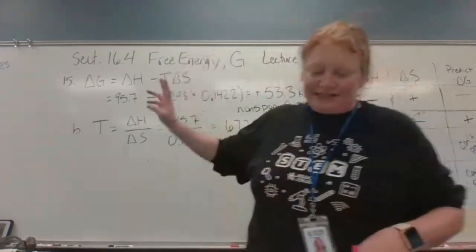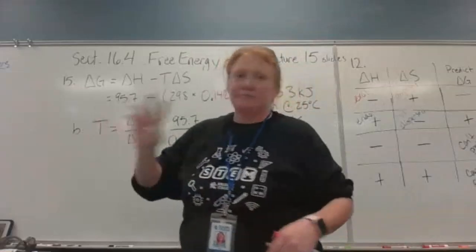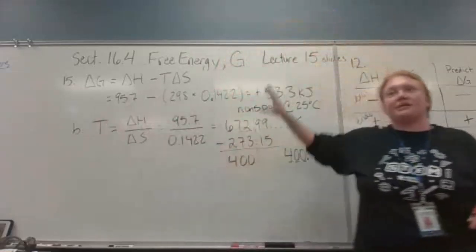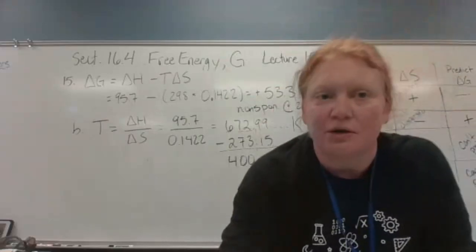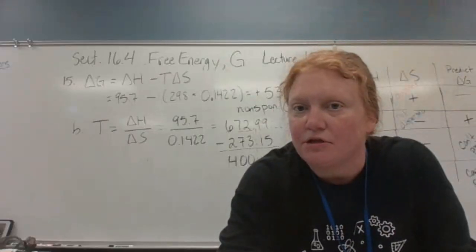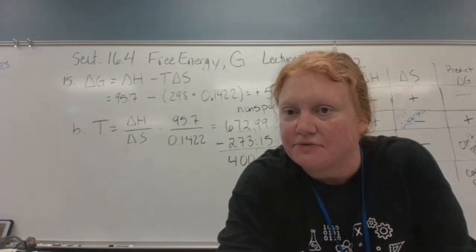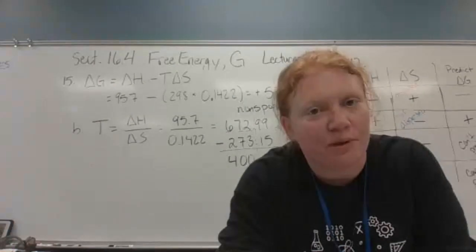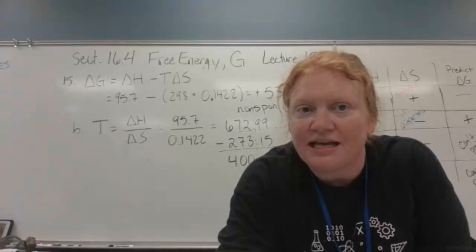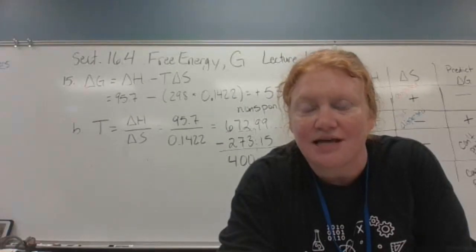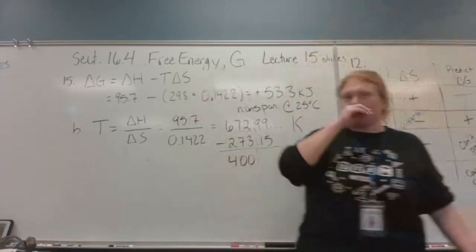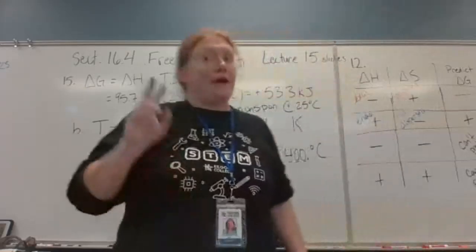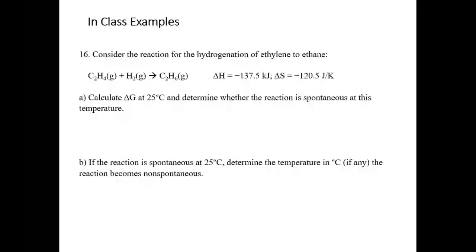Okay. Number 16 is the exact same two steps with a different reaction. So I'm not going to do that one with you guys right now. I'm going to let you look at the solutions and do it yourself. But just before we move on, looking at the two signs of delta H and delta S for this reaction, they are both negative.